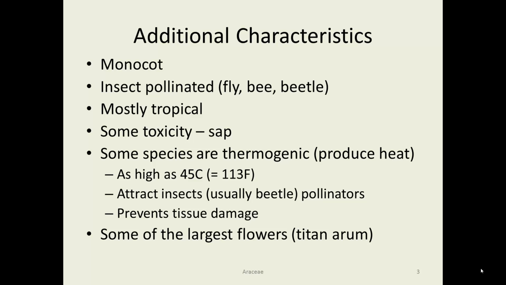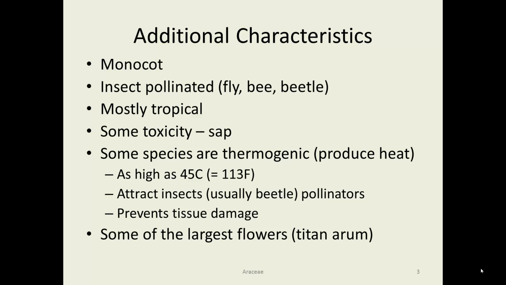And this aids in attracting insects because inside of that structure, the spadix and spathe, they often produce different compounds that have odors that are attractive to these pollinators, or possibly food product for them.